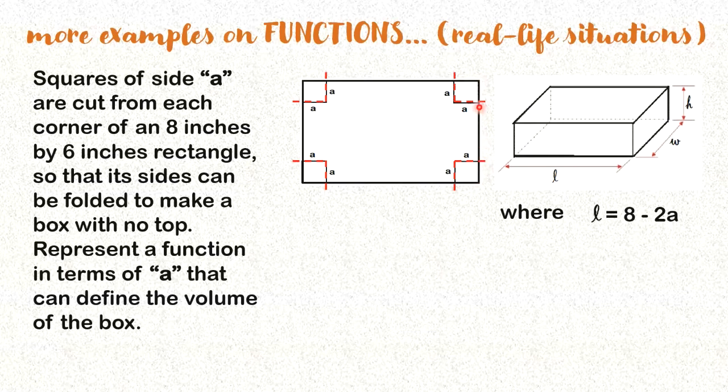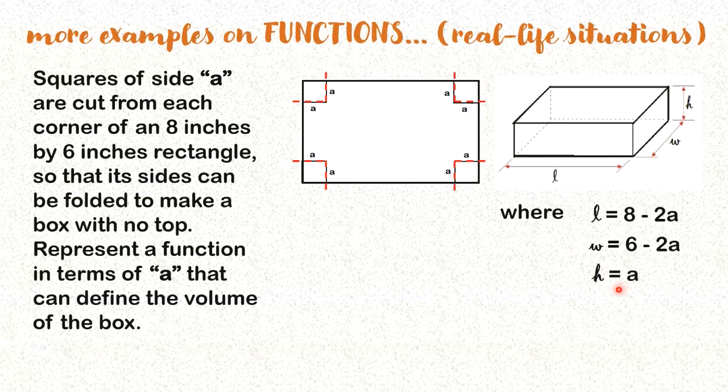So, ibig sabihin, itong natira ay 6 minus 2A inches. So, that's going to be the width of our box. Okay. What about the height? Gaano katangkad to? Kapag finold natin to, gaano katangkad yung ating box? It is A inches.